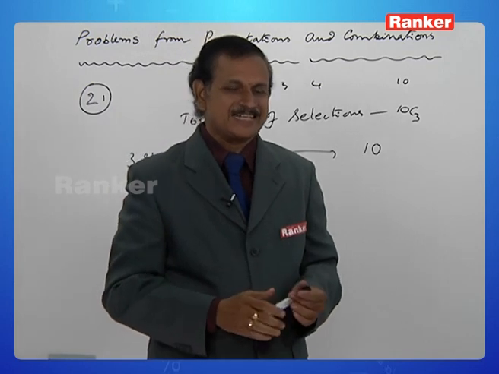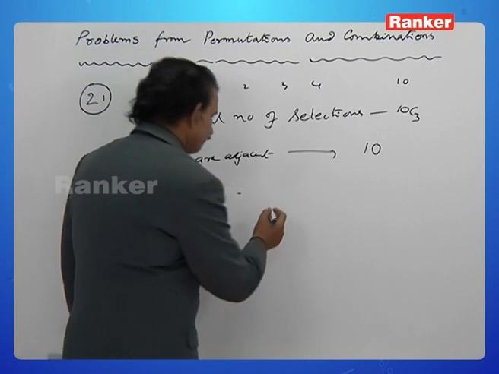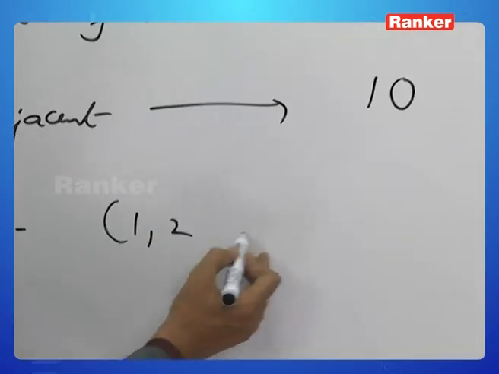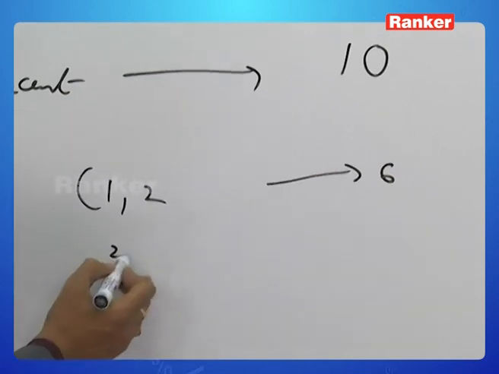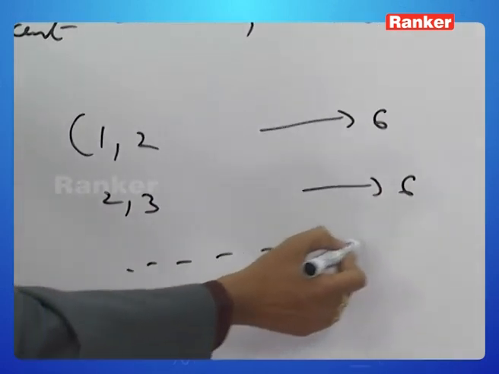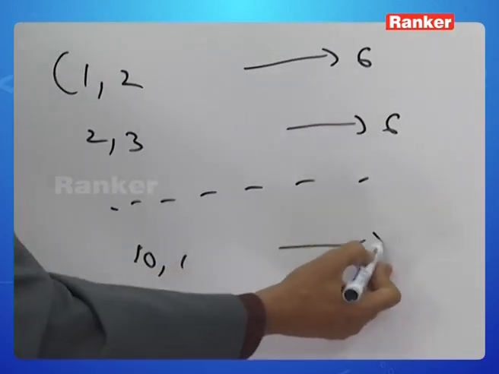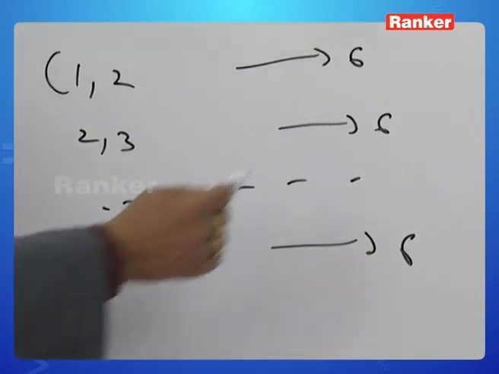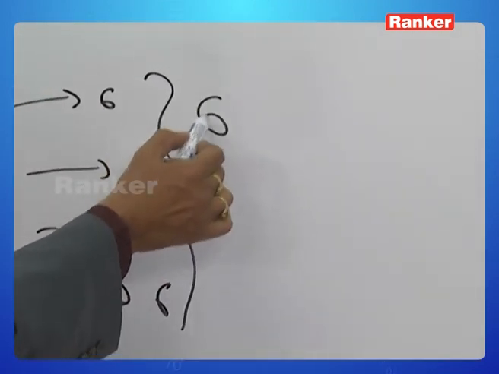How many such triplets will be there? 6 triplets will be there. So with 1, 2, 6 possibilities are there. With 2, 3, 6 possibilities are there. Like that, with 9, 10, 6 possibilities are there. If you count all these, how many? 10 into 6, that is 60.